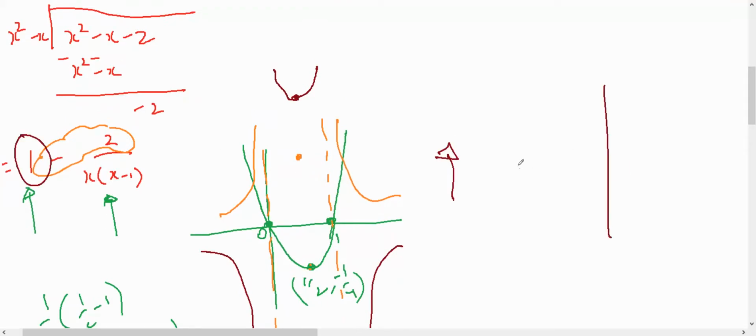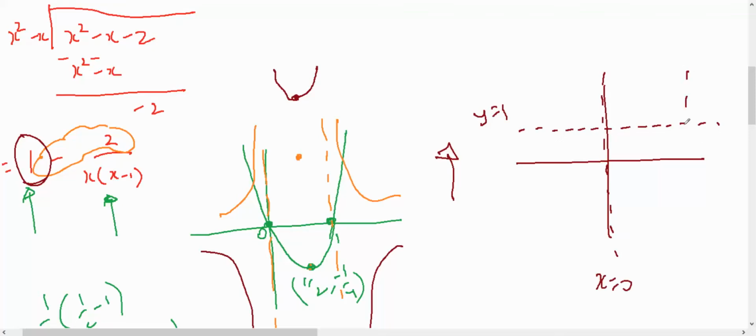So when I have my 1 added to it, I should have an asymptote over here at y equals 1, because everything gets moved up by 1. I'll have an asymptote at x equals 0 and at x equals 1, and I will have a turning point which should be at a half and 9.